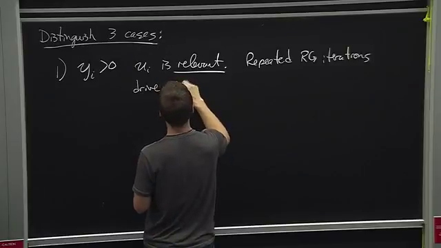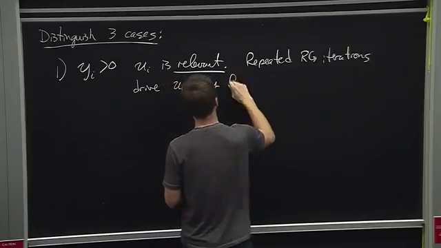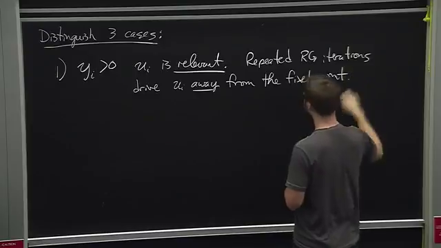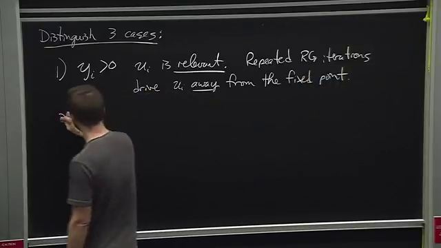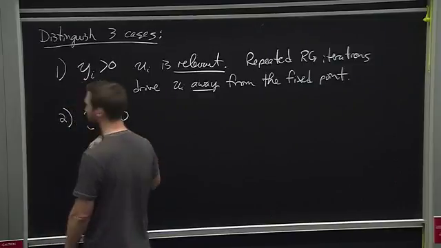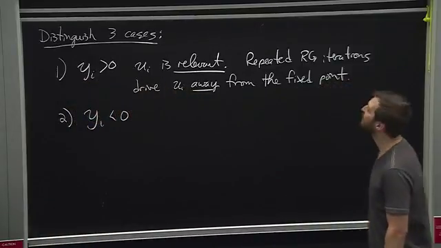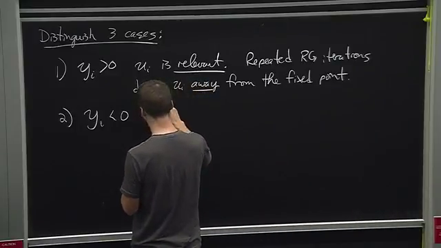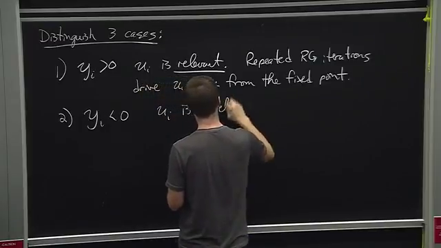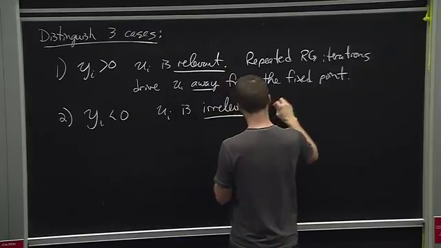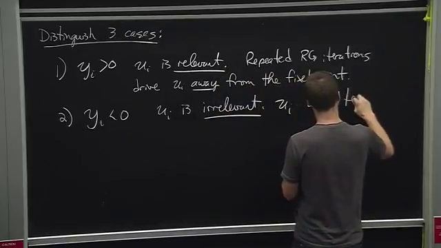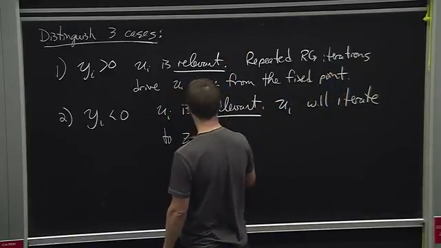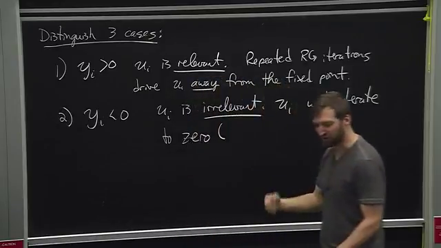And if y is less than 0, then with more and more iterations, u_i iterates to 0, if you start close enough to the fixed point.